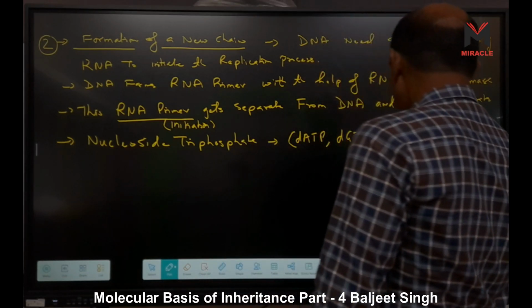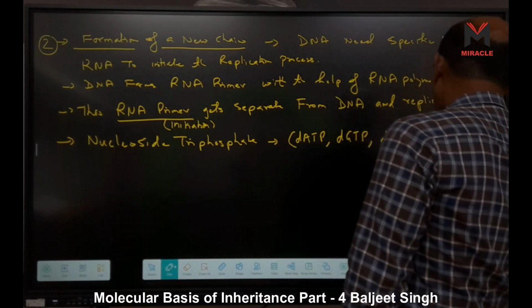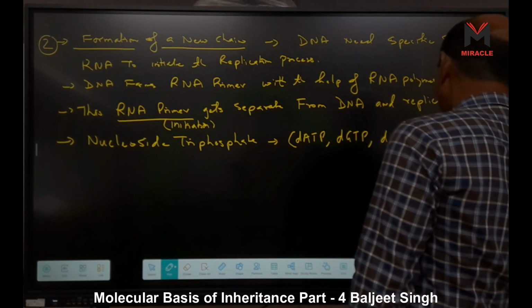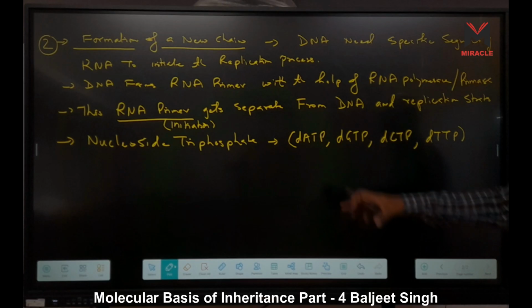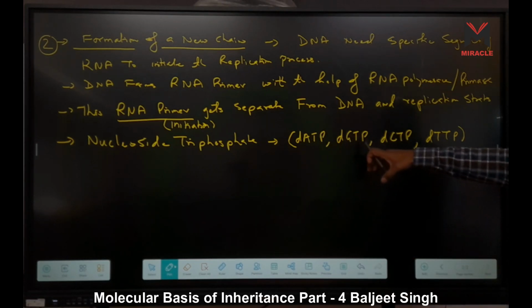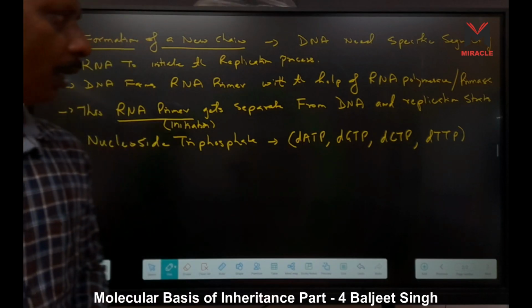Third is deoxy CTP, and fourth one is deoxy TTP. For the formation of DNA, we need these four nucleoside triphosphates: deoxyadenosine triphosphate, deoxyguanosine triphosphate, deoxycytidine triphosphate, and deoxythymidine triphosphate. Right?